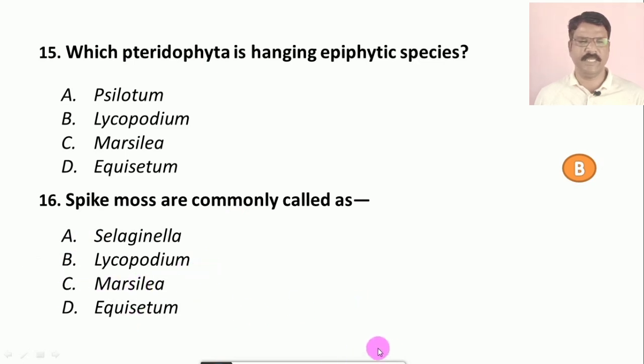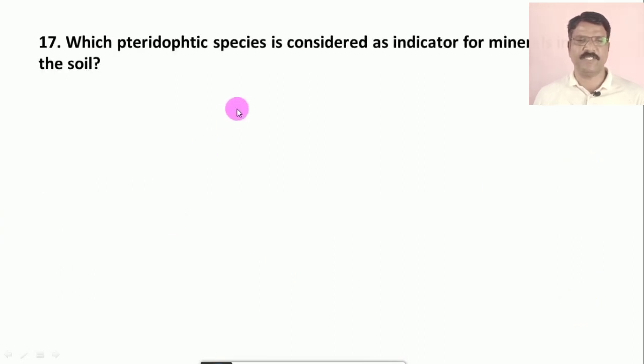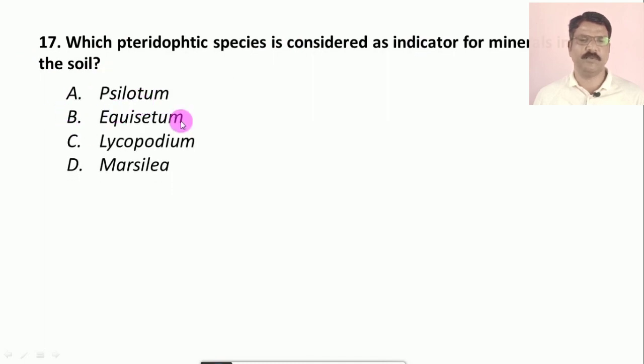The correct option is A, Selaginella. Question number 17: which pteridophyte is considered an indicator of minerals in the soil? Options are A. Psilotum, B. Equisetum, C. Lycopodium, D. Marsilea. The correct option is B, Equisetum.